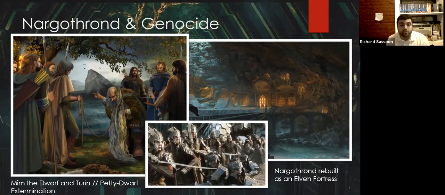After the elves had built that structure, they too were forced to abandon it because a dragon had come. So Turin manages to kill the dragon, and he enters the facility, discovering the necklace of Nauglamir. We're going to talk more about that.